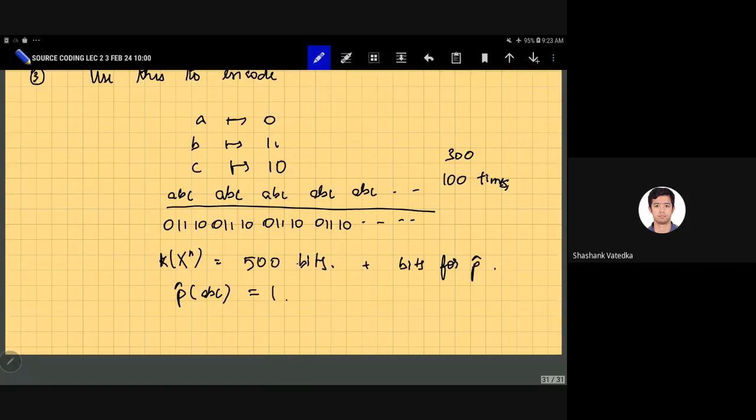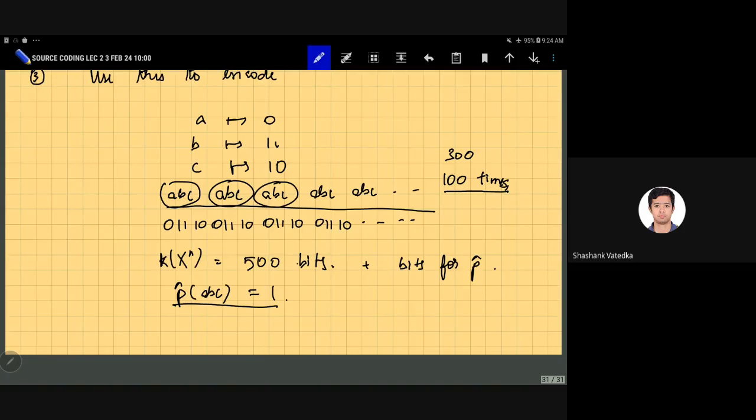And then you need some way of encoding that it is only ABC which repeats. So you do blockwise encoding of 3 symbols at a time, and then say that p hat of ABC equals 1, and therefore all you need to do is encode the length of the sequence and this particular probability.